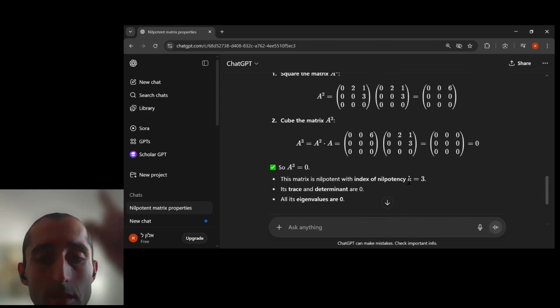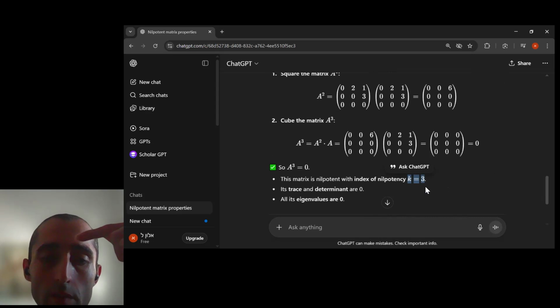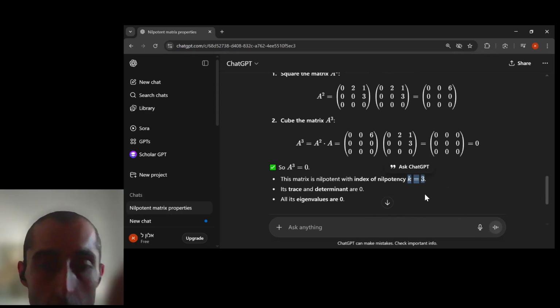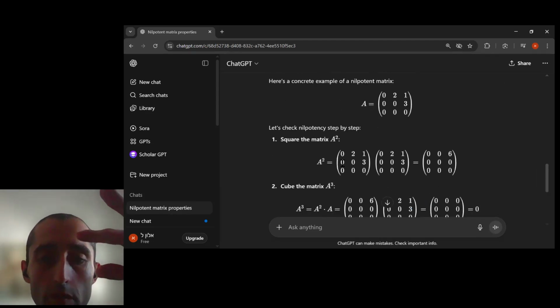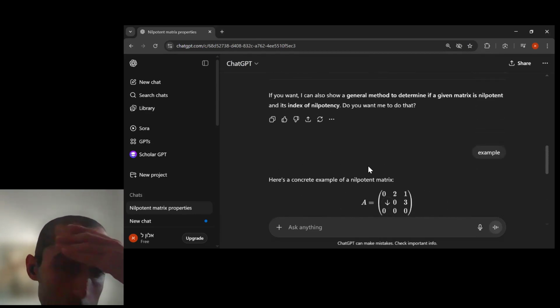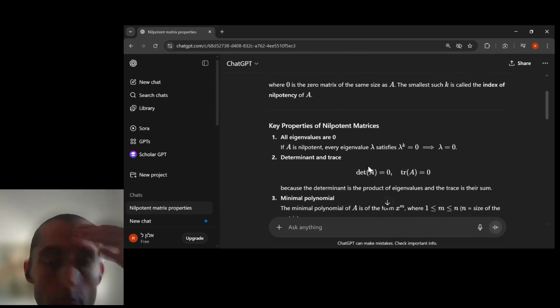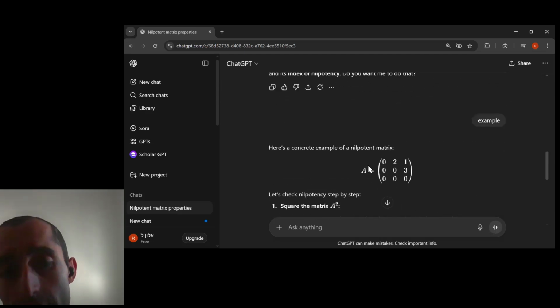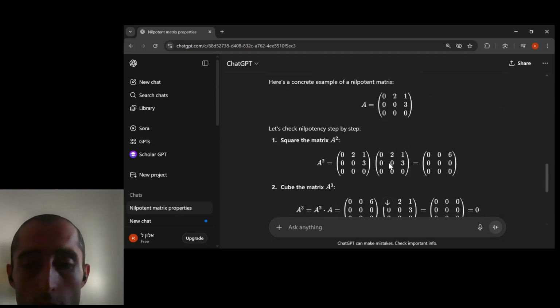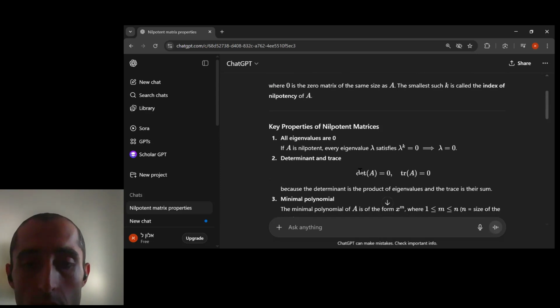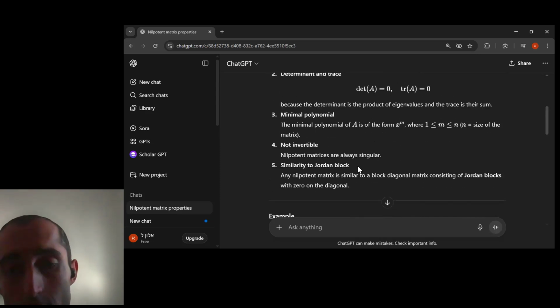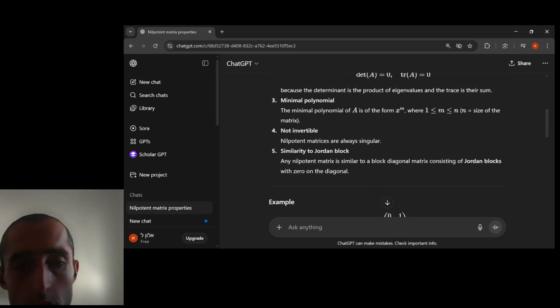But the nilpotent index is only 3 because this is the minimum power that will bring me to the zero matrix for this matrix.